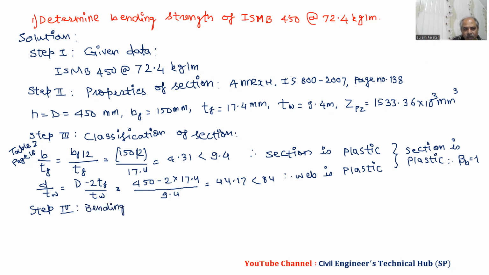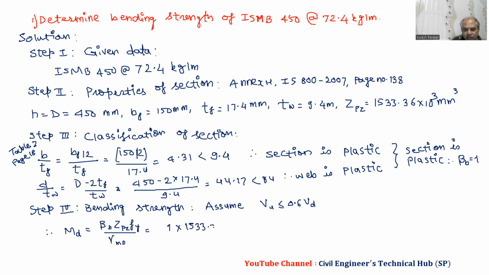Now as we do not know loading, so we are going to assume VU less than or equal to 0.6 VD. And therefore we can use the formula MD is equal to beta B ZPZ Fy upon gamma m0. Beta B is 1 into 1533.36 into 10 raised to 3, 250 upon 1.1.